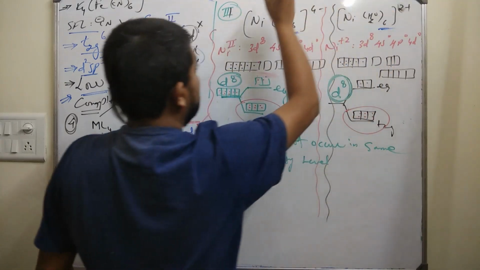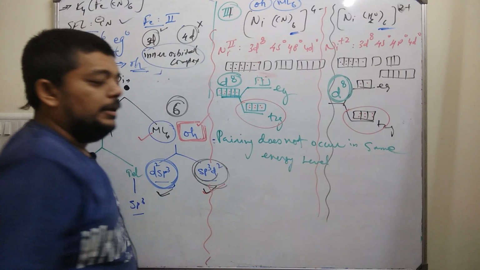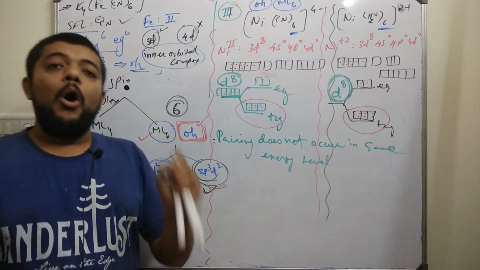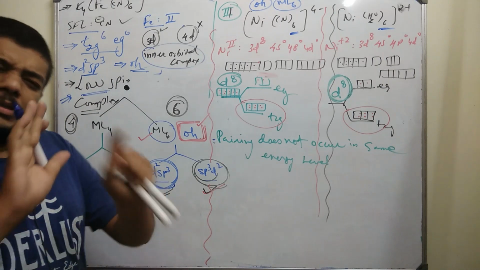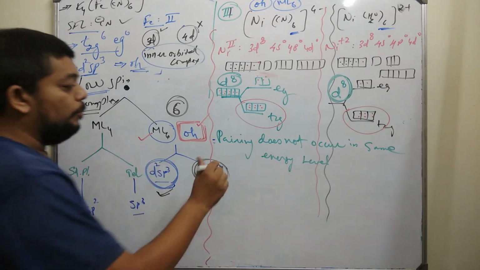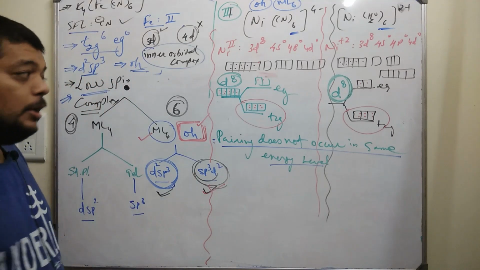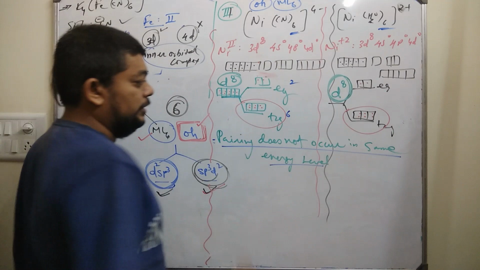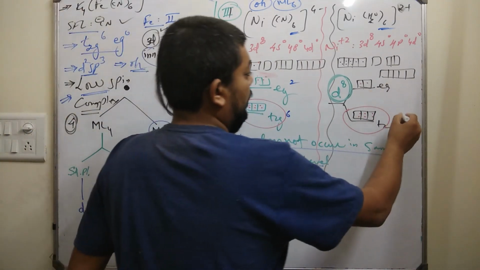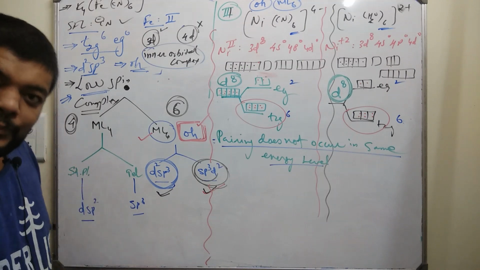Because the coordination number is 6, so it's an octahedral, an ML6 category. No role of a strong field ligand can work. It's always a simple theory. No pairing can take place in the same energy level. So the electronic configuration over here will be t2g6 eg2. The electronic configuration over here will also be t2g6 eg2.